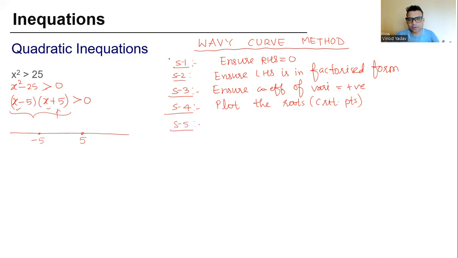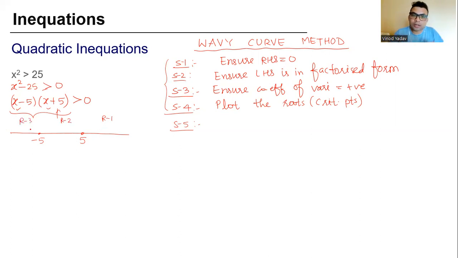Now the last step. If the first 4 steps are sorted, the fifth step will flow easily. Can you see my number line got divided into 3 regions? This is the first region, where all the values of x are to the right side of 5, which means they are more than 5. The second region is between -5 and 5.